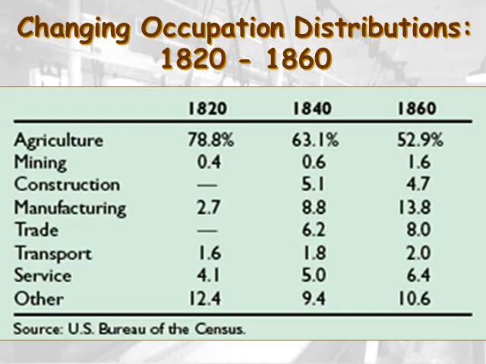So only a little over half of Americans still considered themselves farmers. And you can see the shift. A lot more Americans count themselves as being involved in manufacturing or construction or trade. These are the areas that grew in this time period.